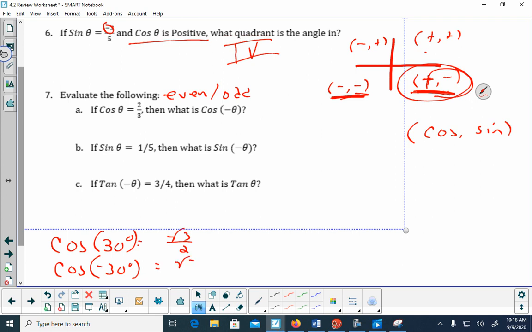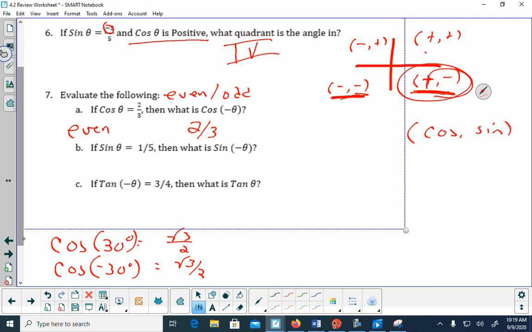So that's going to be the square root of 3 over 2. So the cosine is what is called an even function, which means it doesn't matter if I take the cosine of 30 or negative 30. I'm going to get the exact same value with the same sign. So if the cosine of theta is 2/3, then the cosine of opposite theta is still going to be a positive 2/3, because that is an even function.